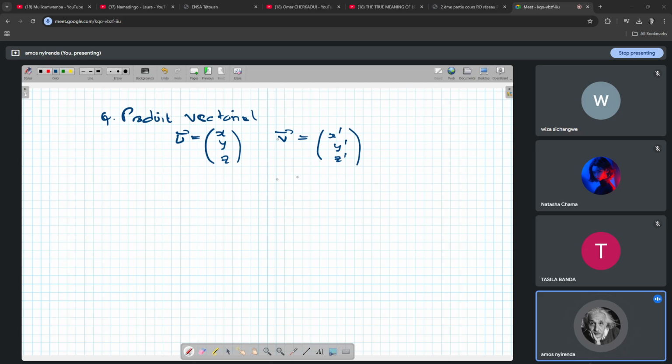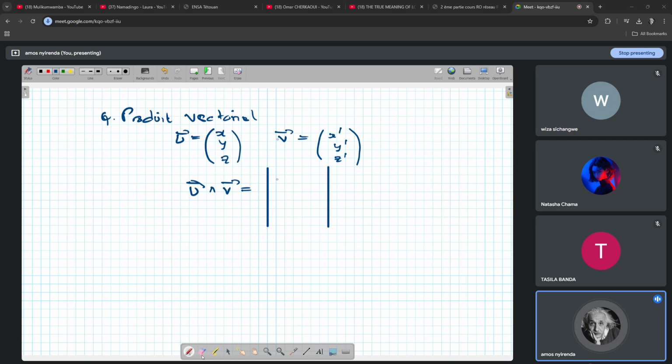So how do you take the vector product? The way we'll be doing it is, we'll say U vectoriel V is going to be equal to what? I'm just going to draw a horizontal line here, and a vertical line there.